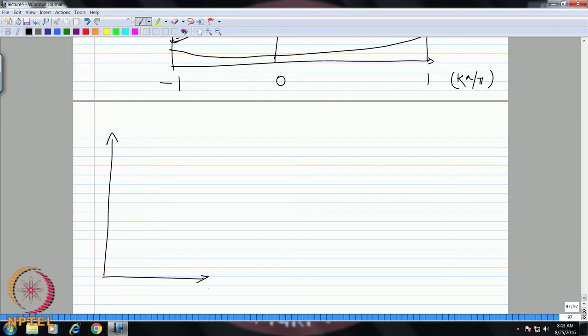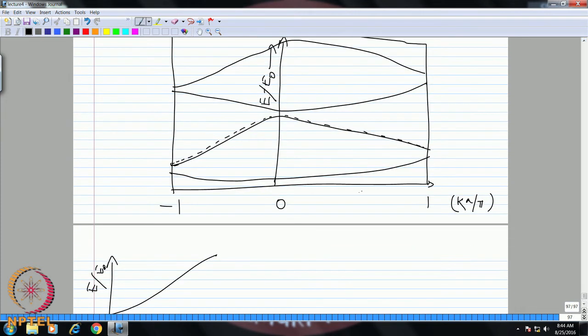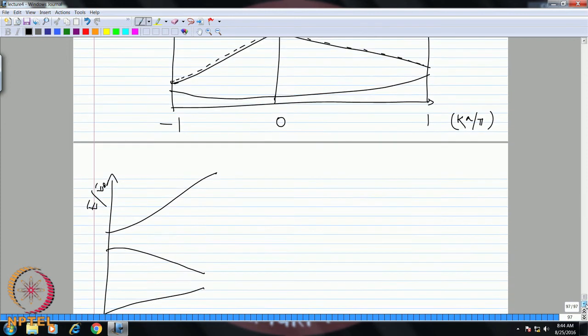So, you have kappa A by pi from 0 to 1, and you have E by E naught on the vertical axis. This will be looking like this, and this will be looking like this. I have just drawn 1, 2, 3 for 0 to 1.